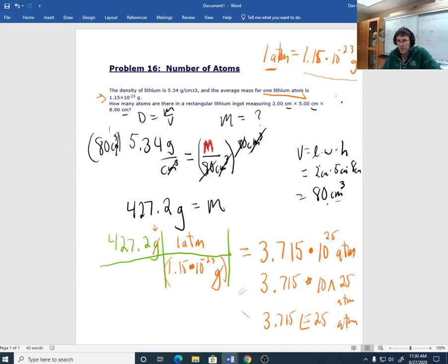So let's look real quick to see if we get it. We'll go here, 3.715, and I'm doing shift 8, 10, shift 6, and that is 25.